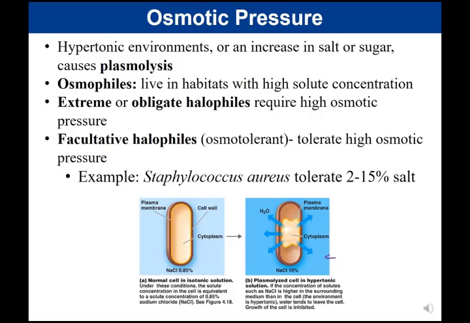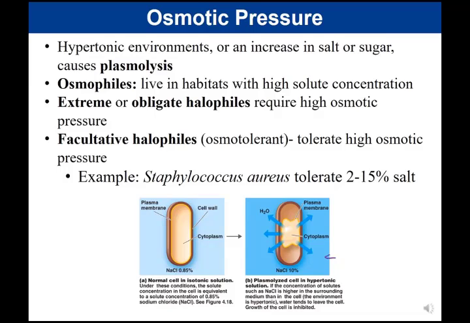Meats, for example, are often preserved using salt. Same thing. Salt creates a hypertonic solution, and that then causes water to come out of the microbes. So any microbes that might be present are inhibited by the high solute concentration. So osmophiles, osmo refers to osmotic pressure, philes are lovers.